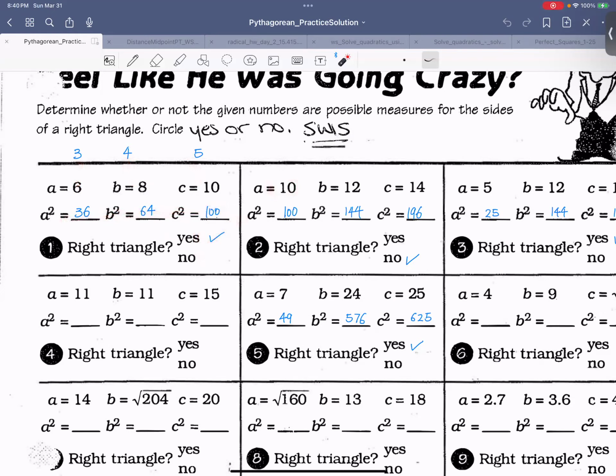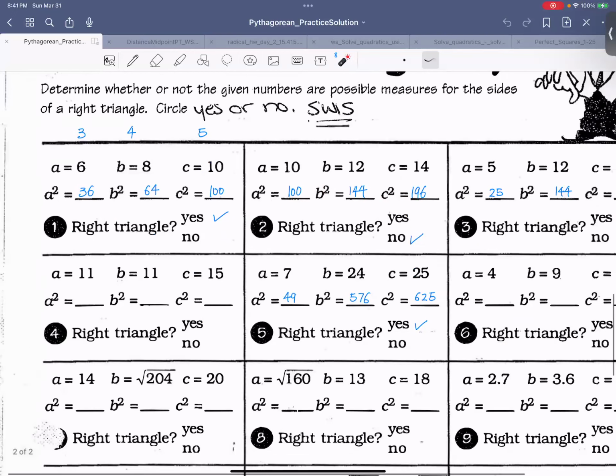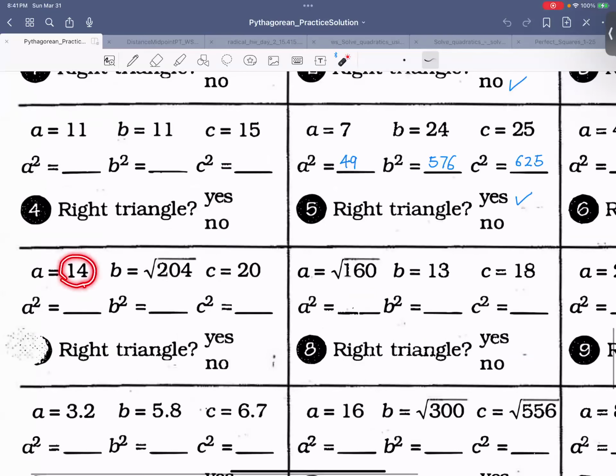This one over here, Shirley. Let's try here. This guy divided by 2. This one squared is 100. This squared is 144. So this summation doesn't equal, right? Now, Shirley, can you verify this one? Go. A squared becomes 196.